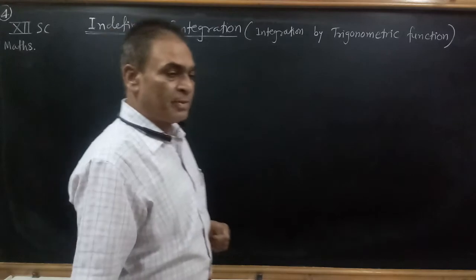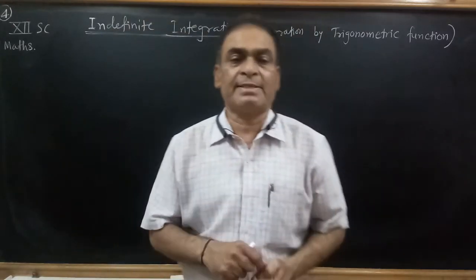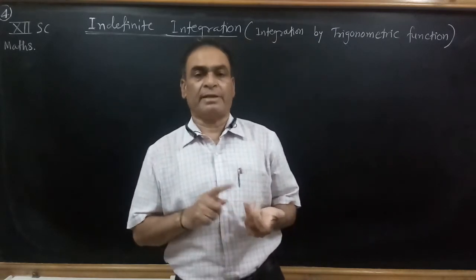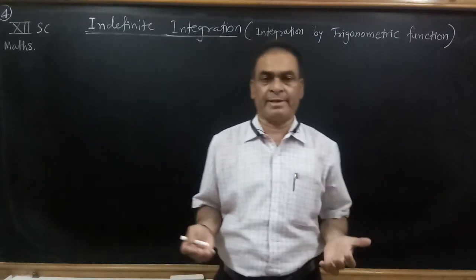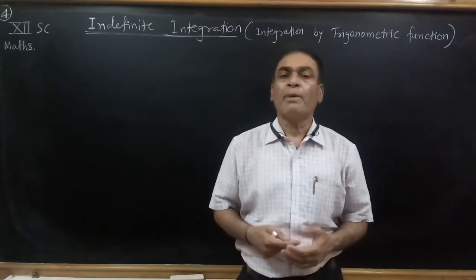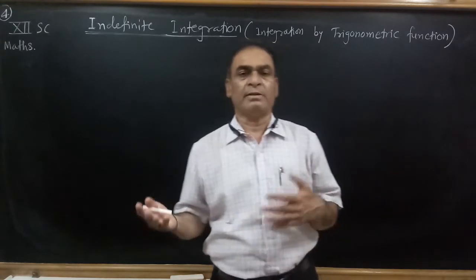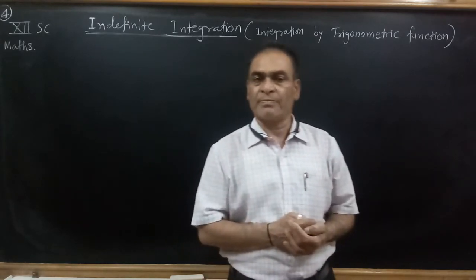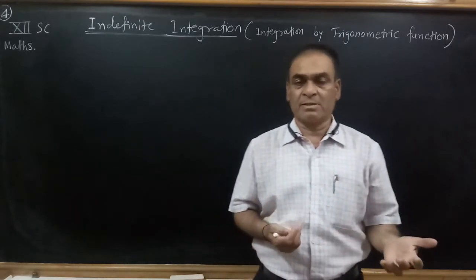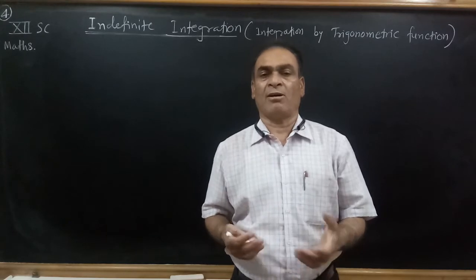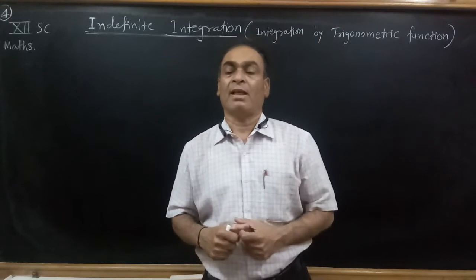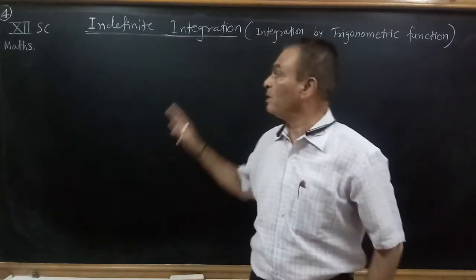Trigonometric function means what you have learned at 11th standard level trigonometry: definition, ratio, relation, identity, values of trigonometric ratios, compound angle, multiple angles, it may be double, triple, half angles, then allied angles, as well as sum or difference, product formulas. All trigonometric formulas are learned at 11th standard level. All these formulas are useful here.